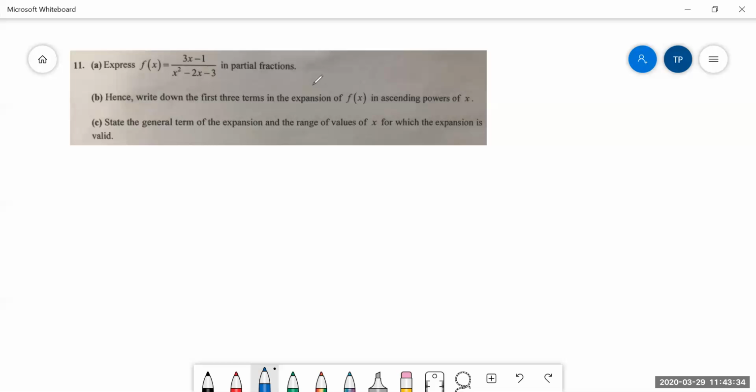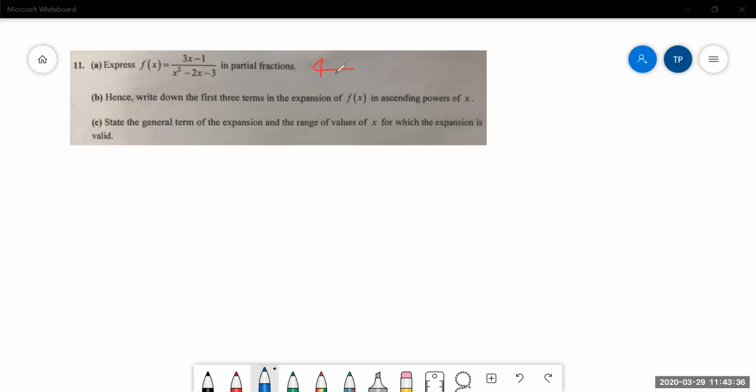So part 11a, expressed in partial fractions. After that, because it's (3x minus 1) over (x minus 3)(x plus 1), equals a over (x minus 3) plus b over (x plus 1).